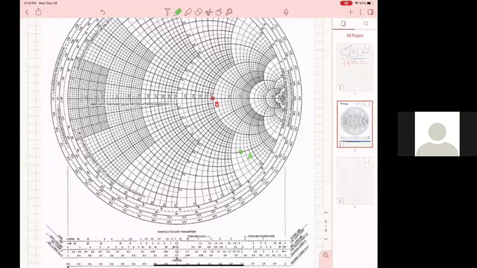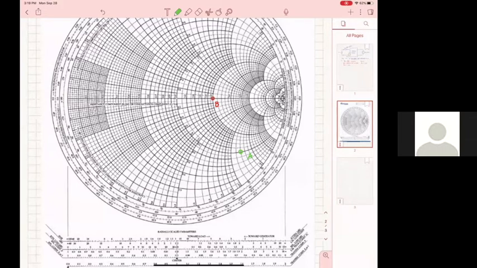How many ways can I go to go from B to A? Let's think about that. One way is to start moving on a transmission line from B away from the load, which means I will have to move along the constant VSWR circle that goes through B. And then at some point I will have to put a stub.